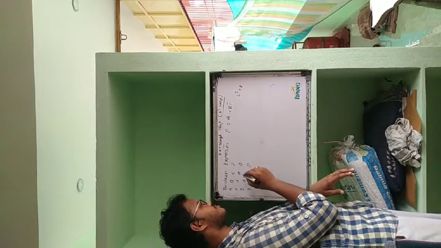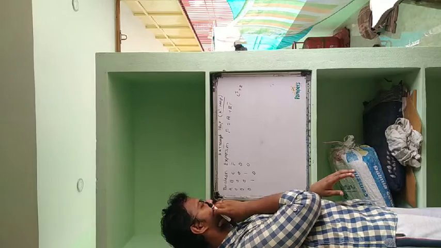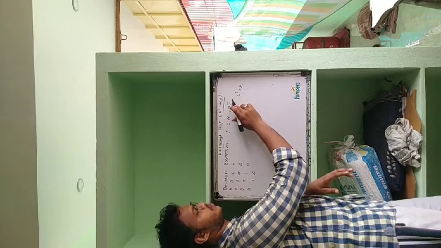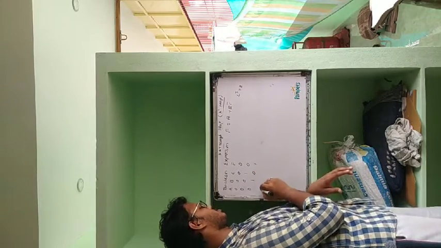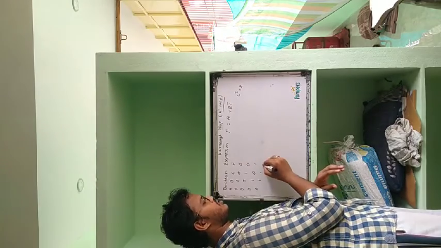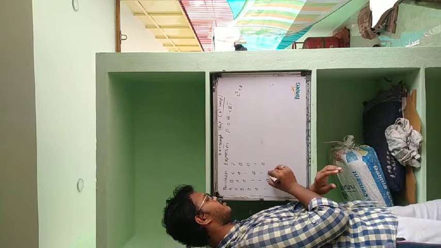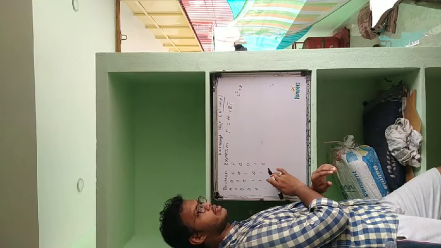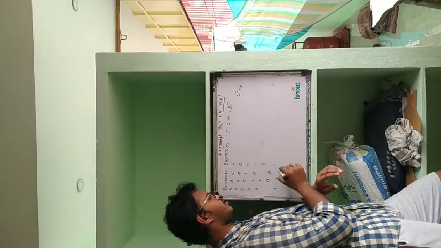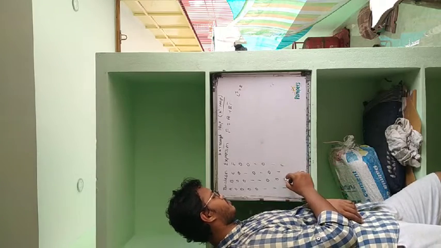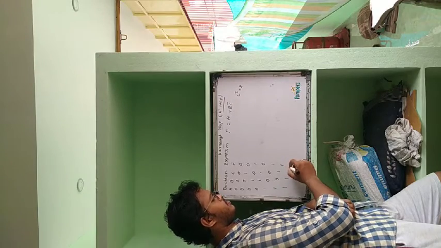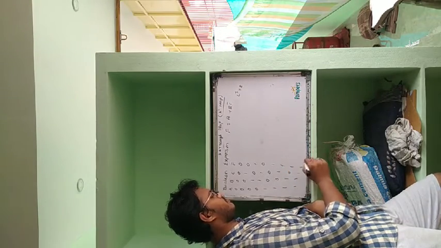For 0 1 0, what is the possible outcome? 1 into 0, 1 into 1, means 1. Then 0 1 1, 1 0 0, 1 0 1, 1 1 0 and 1 1 1, which again gives 1.